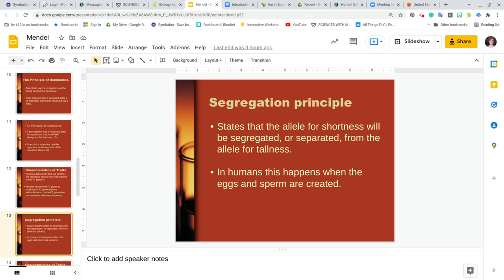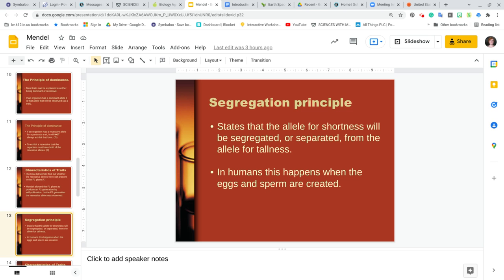That leads us to the segregation principle. So remember, a principle just states something that is observed as a fact, whereas a law you can prove with math. Okay, so the principle of segregation says the alleles separate at some point in time and can therefore be taken away from the other allele.